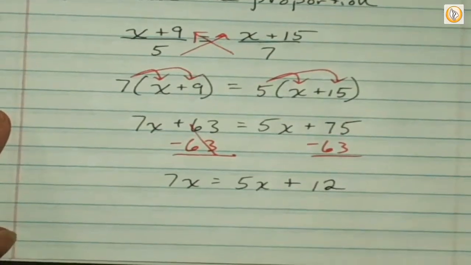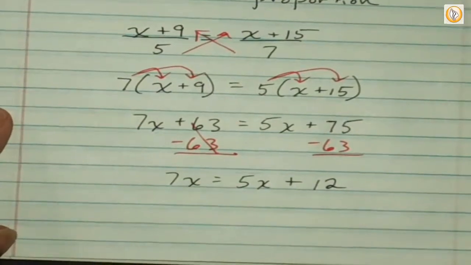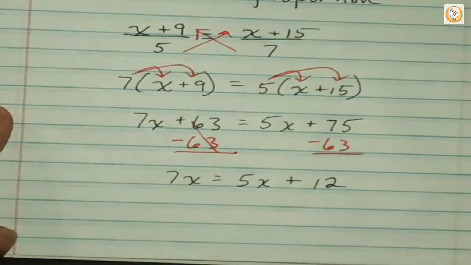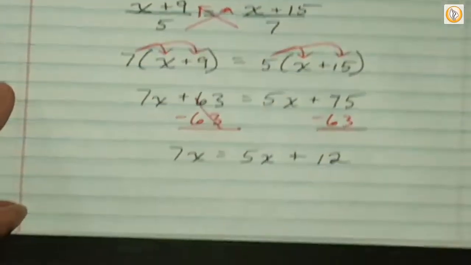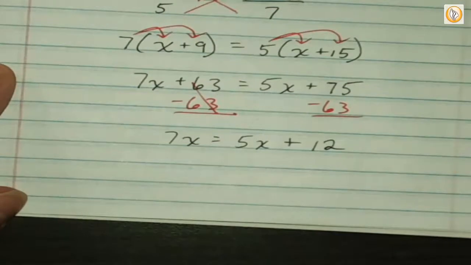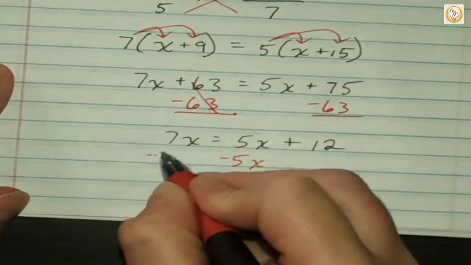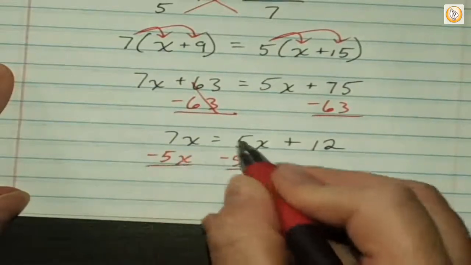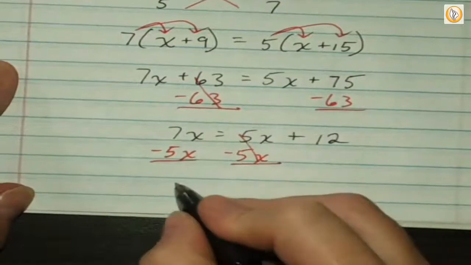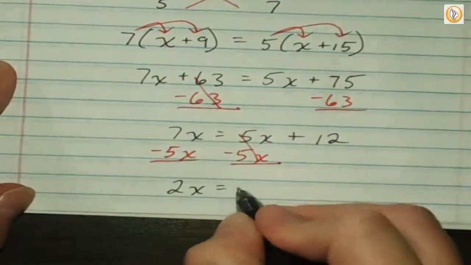Now, Cecilia, what do I do? Very good. Subtract 5x from both sides. You get 2x equals 12.